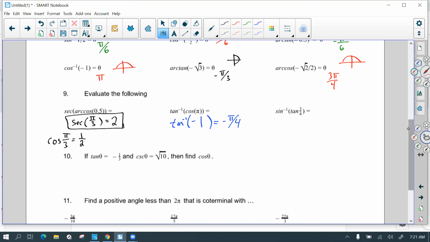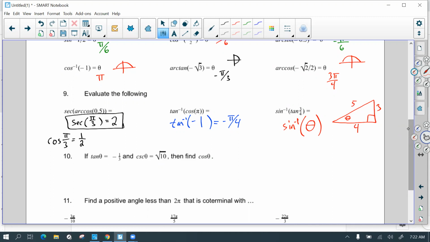And then finally, the sine inverse of the tangent of 3/4. Well, 3/4 is not a ratio that's on a special angle, but it is of course a ratio. You can imagine an angle that has a tangent of 3/4. Tangent is opposite over adjacent. And if you construct a right triangle, you have a 3, 4, 5.